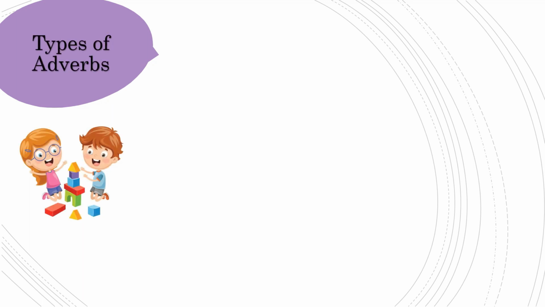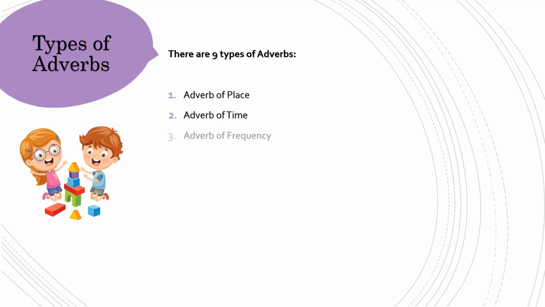Types of adverbs. There are 9 types of adverbs. Adverb of place. Adverb of time. Adverb of frequency.